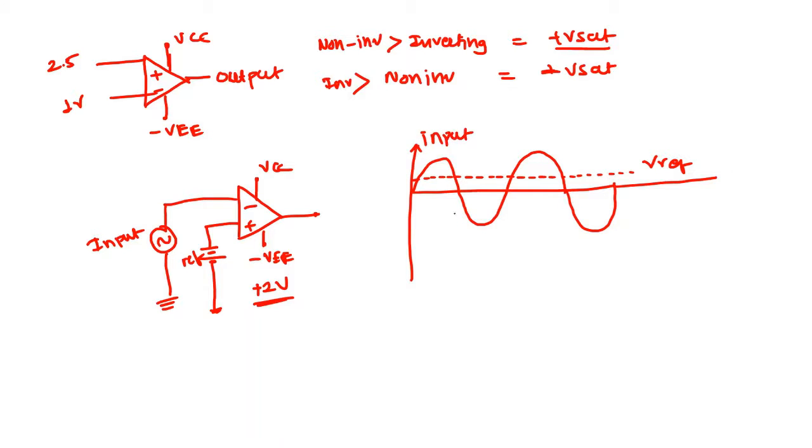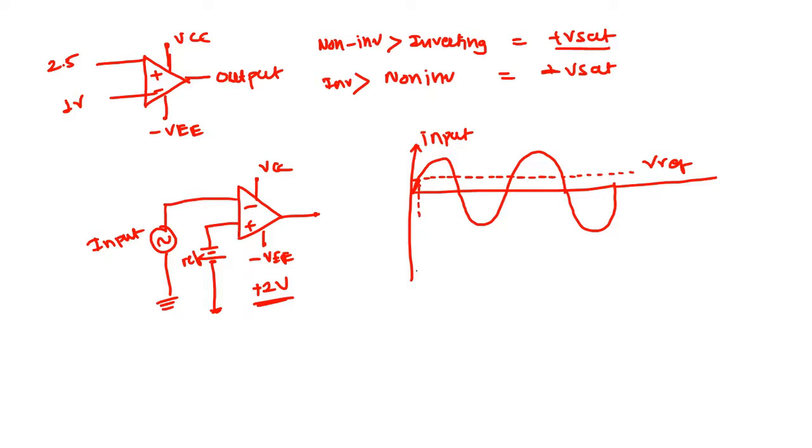So from this point up to this point, because this is the cutting point, my input, which I have given to the inverting terminal, is less than my reference voltage. So the reference voltage is greater from this point to this point.